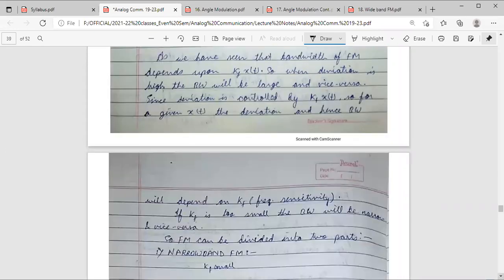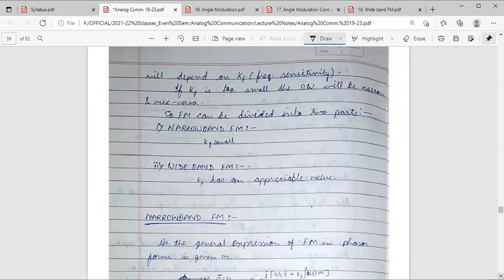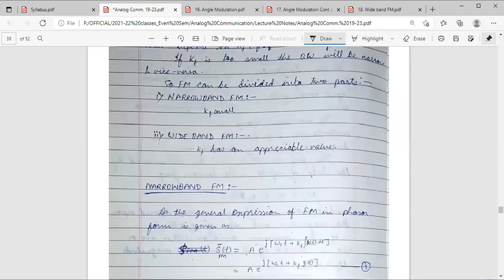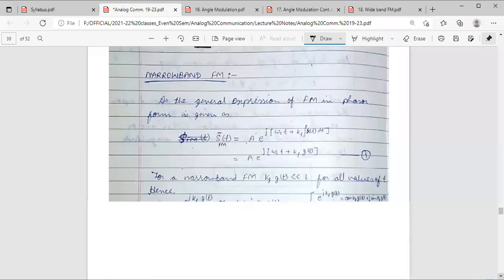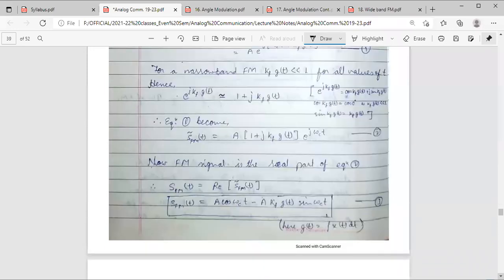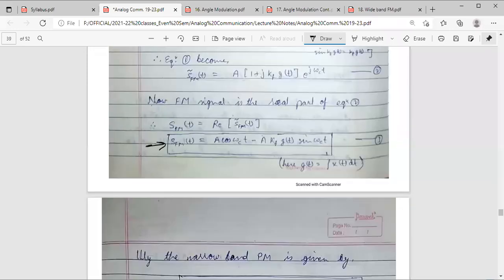Types of frequency modulation are based upon kf, the sensitivity. If the sensitivity is small, it is narrowband FM, and if the sensitivity has an appreciable, higher value, it is termed wideband FM. The expression for narrowband FM is A cos omega ct minus kf of gt sin omega ct.